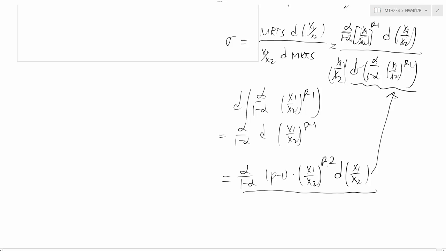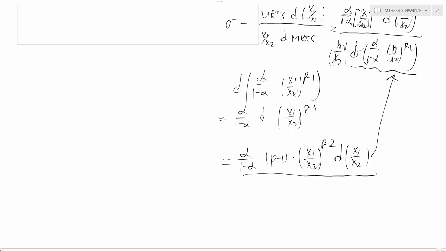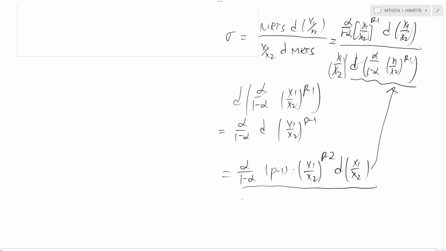So together it's p minus 1, and we have p minus 1 on the top. So if you look at it, this is what we have. In the numerator, we have, this is sigma, alpha over 1 minus alpha, x1 over x2 to the power p minus 1, and d of x1 over x2.